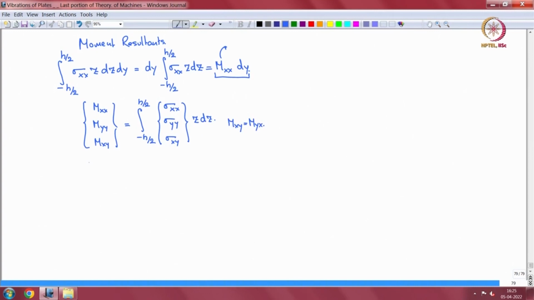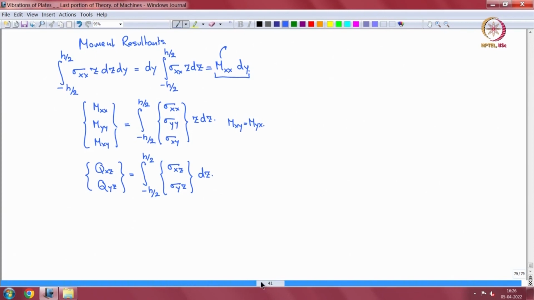Okay. And lastly, we will need the shear force resultants, which is the inconsistency in the theory. So we have shear stresses that are non-zero, or rather their integrals are non-zero, dz.